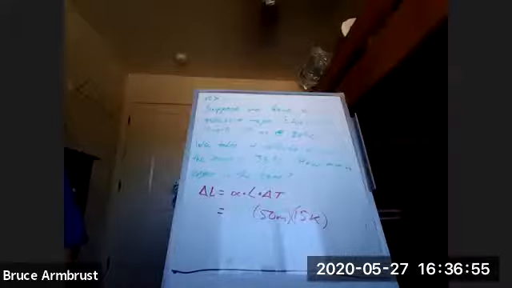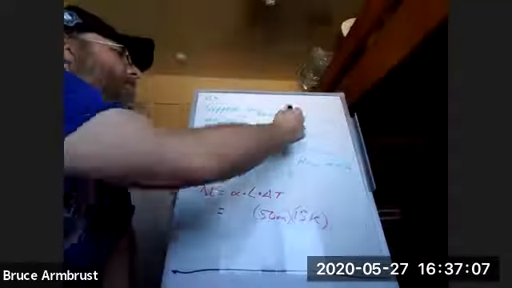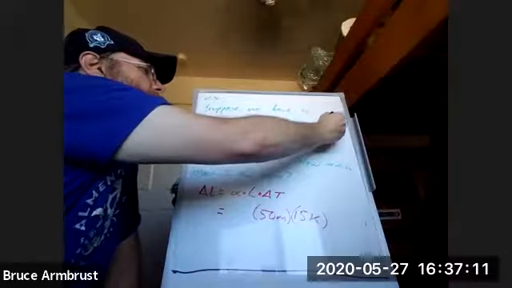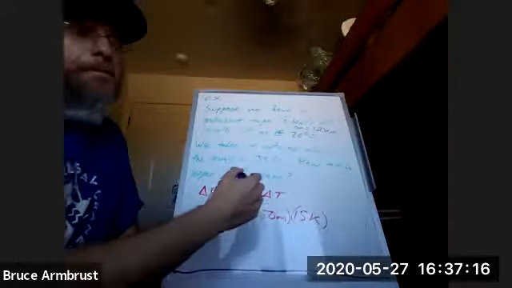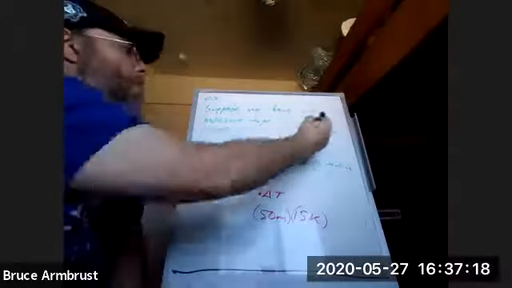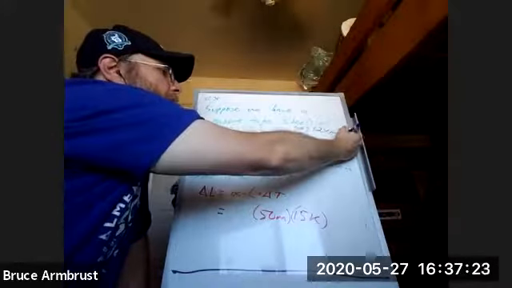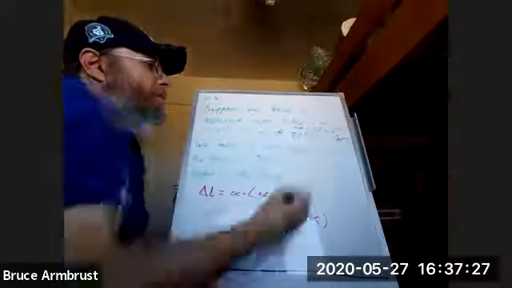And then we need the coefficient of linear expansion for steel. This is something that we would have to look up in a book or something. But it turns out that for steel, its alpha is 1.2 times 10 to the minus 5. The units on this, by the way, are per Kelvin, so Kelvin to the minus 1.